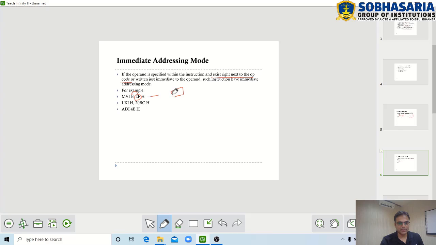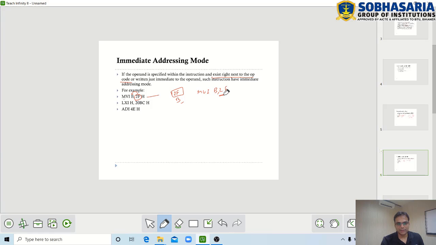After the execution, B register will have 2F, right? So in this instruction, MVI B, 2F, I am going to load this particular data in B register, and it will be loaded.